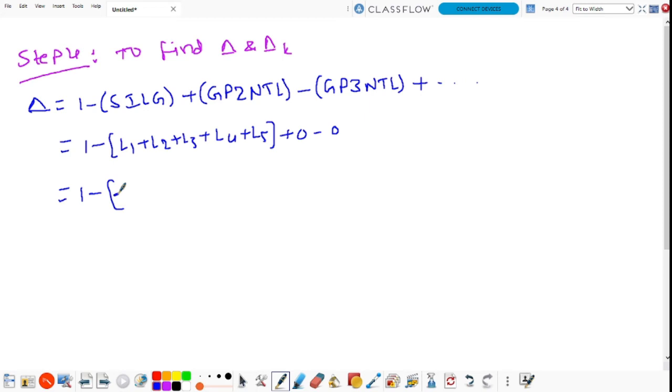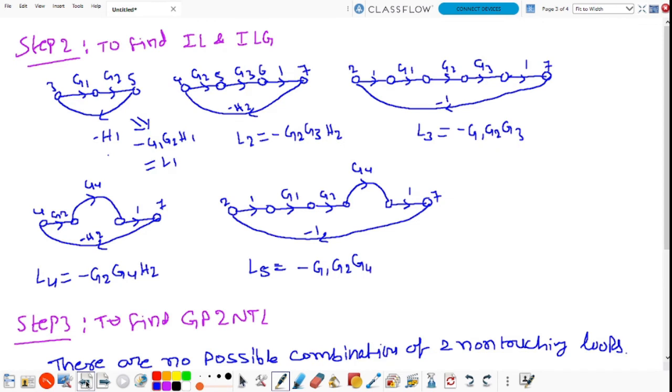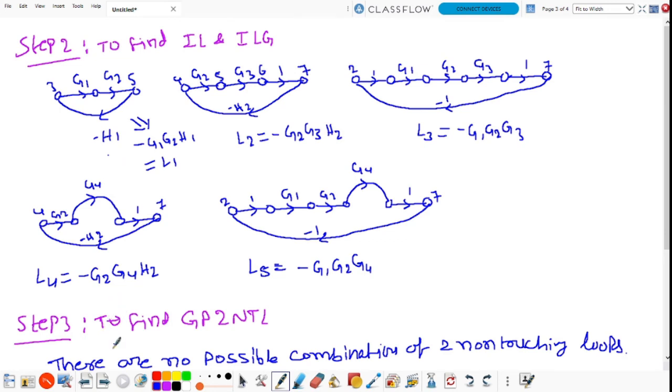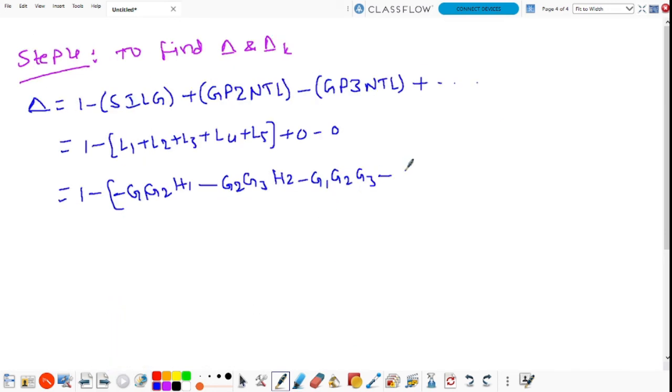L1 is minus G1 G2 H1, L2 is minus G2 G3 H2, L3 is minus G1 G2 G3, L4 is minus G2 G4 H2, and L5 is minus G1 G2 G4.